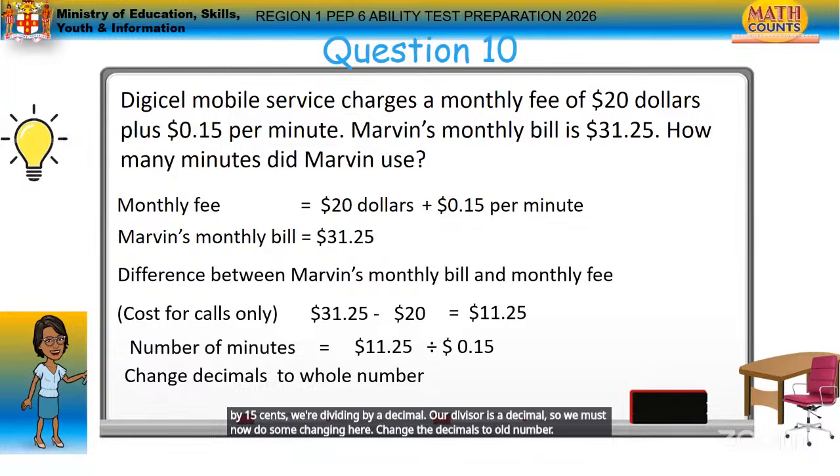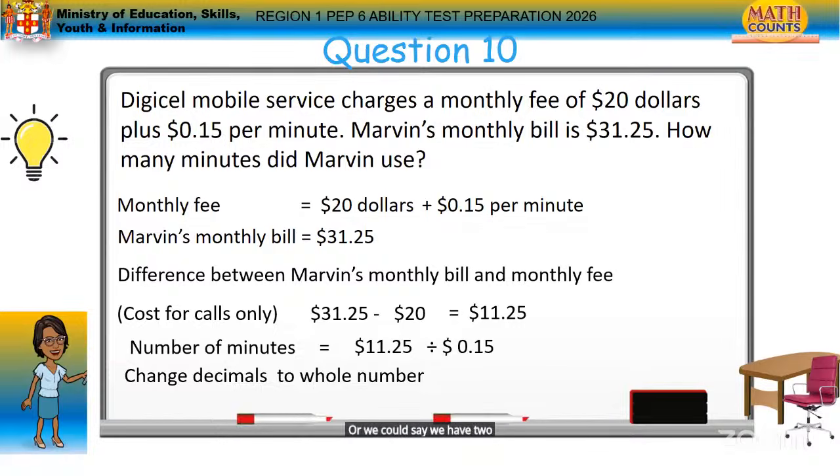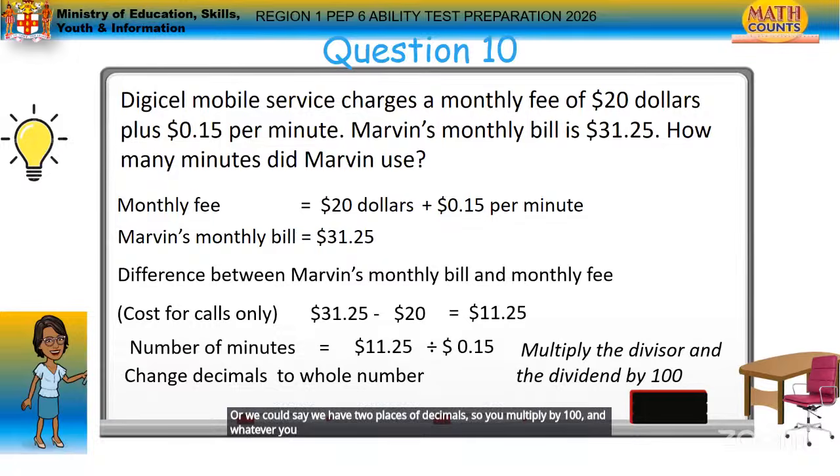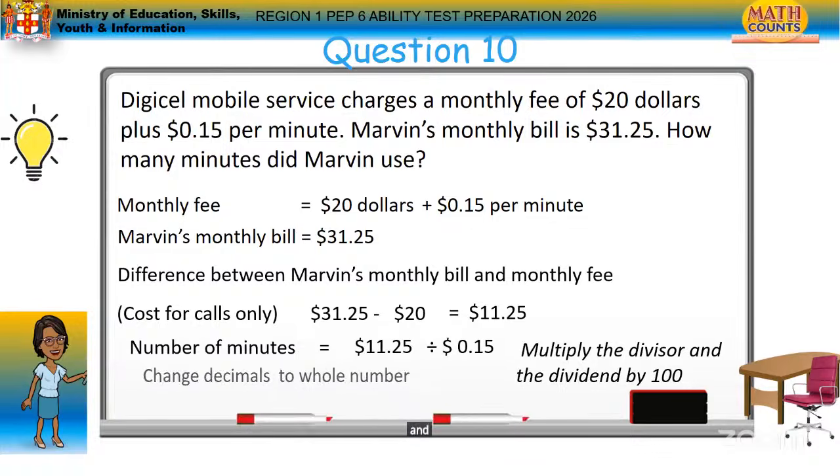How do we do that? We multiply by a power of 10. In this case, we're dealing with dollars, or we could say we have two places of decimals. So you multiply by 100. And whatever you multiply the divisor by, you also need to multiply the dividend by that number. So in this case, we're multiplying the divisor and the dividend by 100.